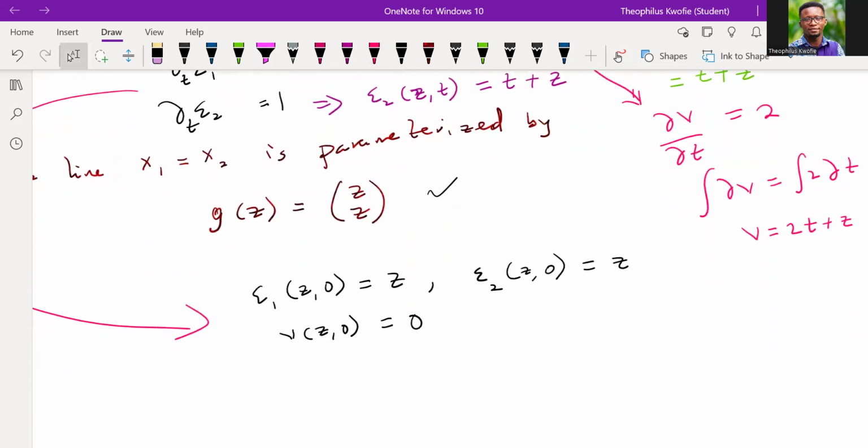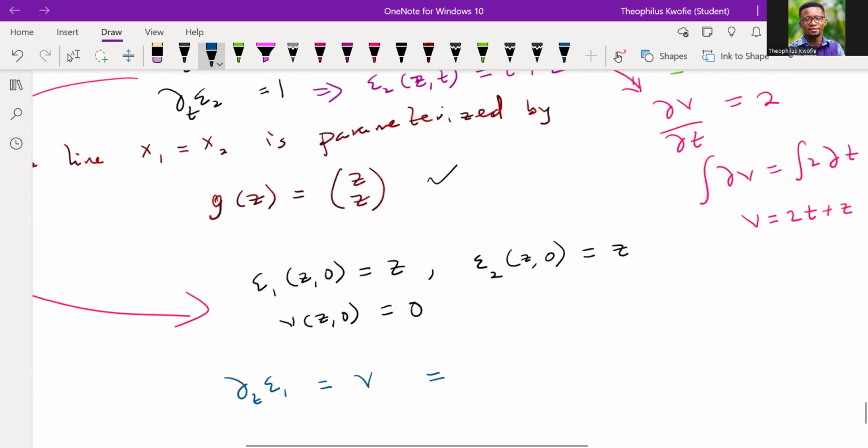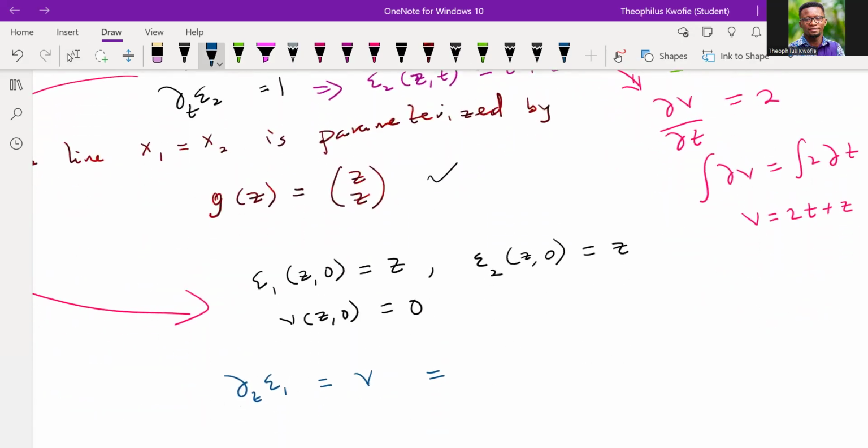Remember, from here, we have the partial of xi1 with respect to t equal to v, right? But do we know the solution v to be what? We already have v to be 2t plus z, right?